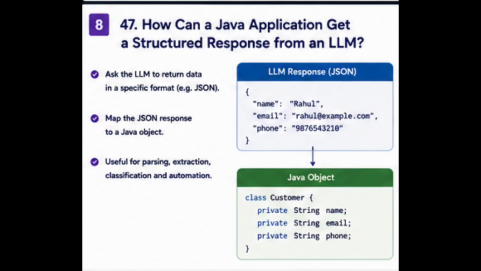For example, class Customer, and we have two variables in it, String name and String email. The AI response can be mapped to this object. This is useful in applications such as document processing, invoice extraction, resume analysis, customer support, or data classification. The important point is that AI response can become part of normal Java application processing.